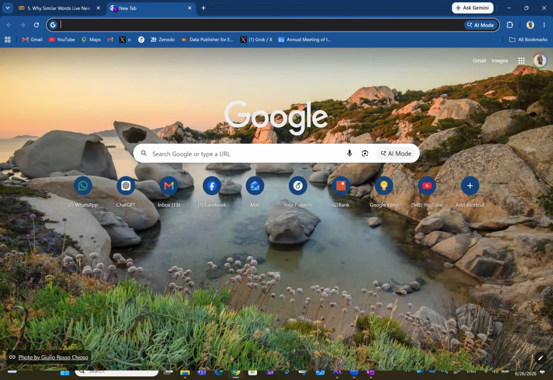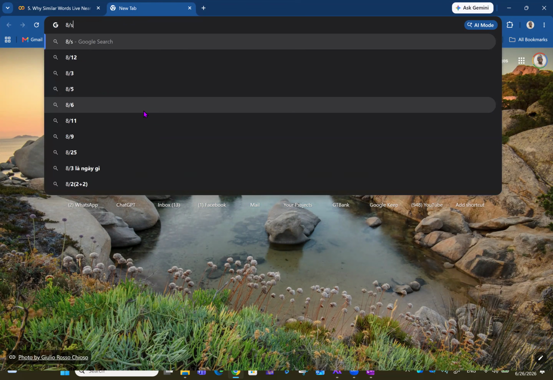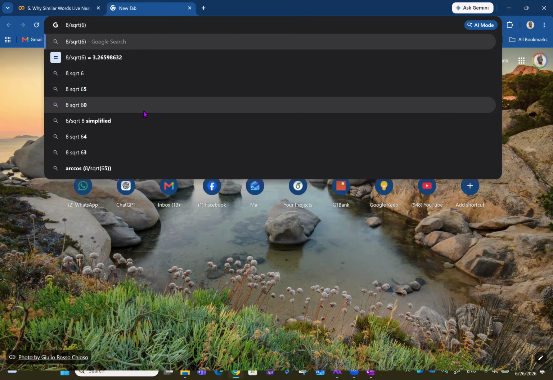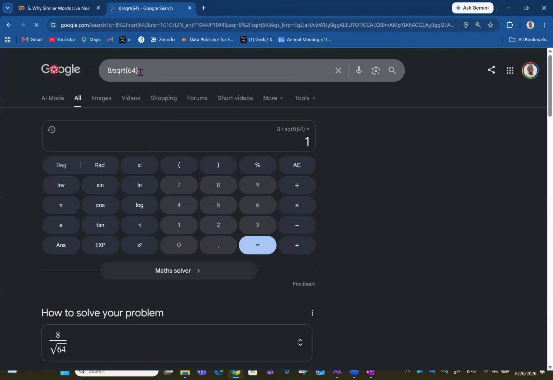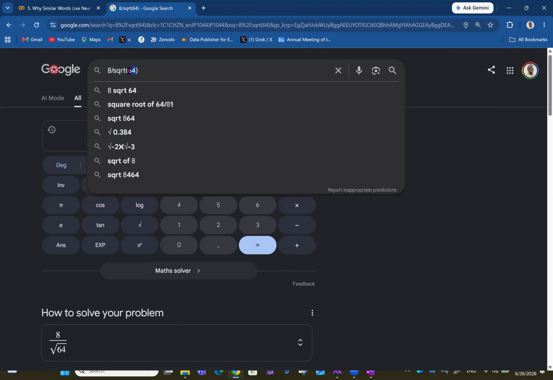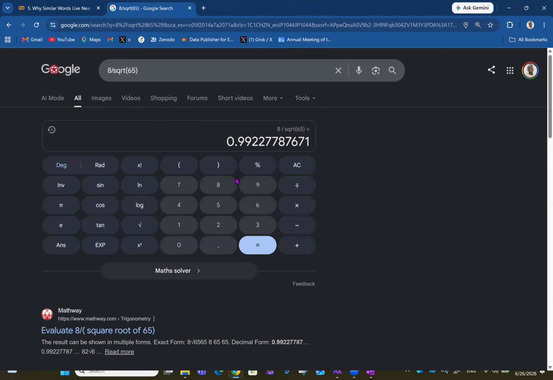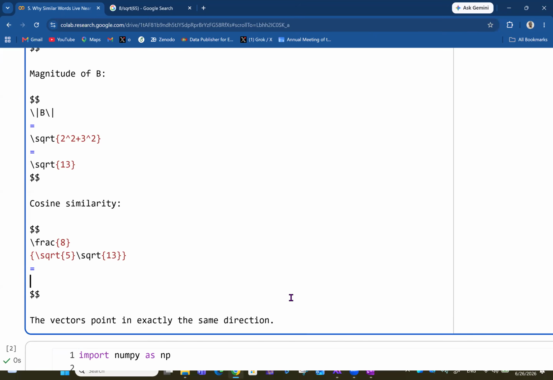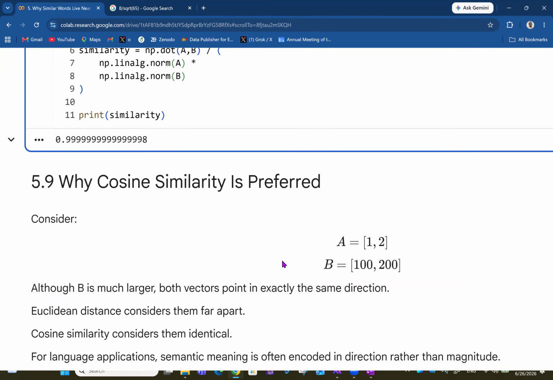So that's 8 divided by the square root of 65, which is 0.9922. That's exactly what we have here.